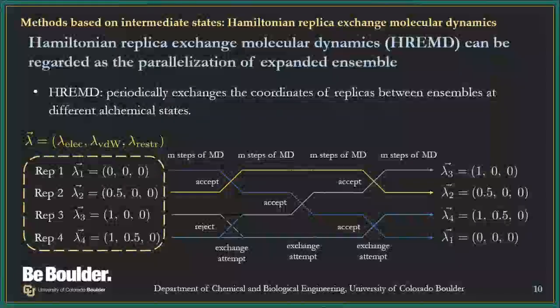The lambda value of replica 1 becomes lambda 3, which is relatively closer to the uncoupled state. Ideally, given reasonable transition probabilities between alchemical states, all the states should be well mixed, which means that the system will be able to sample both the coupled and uncoupled states frequently in the simulation. This is exactly what we need to accurately estimate the binding free energy and generate a reasonable binding ensemble.